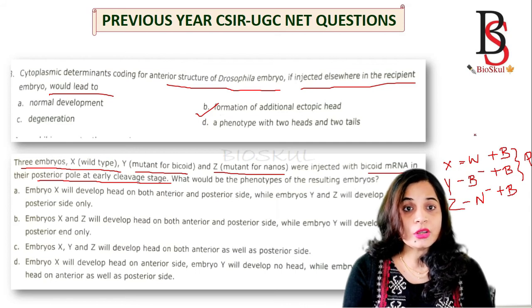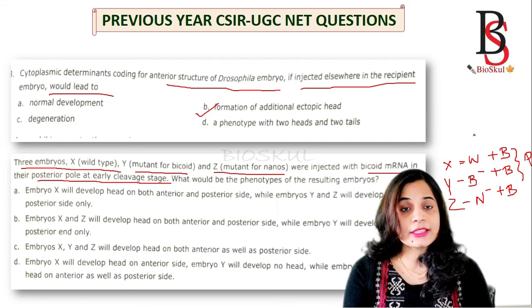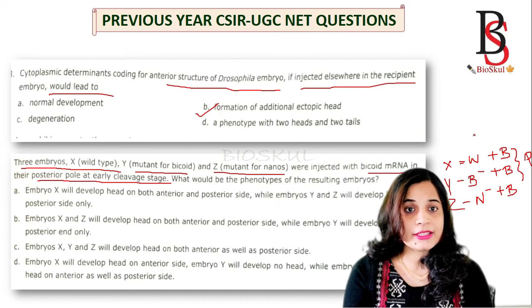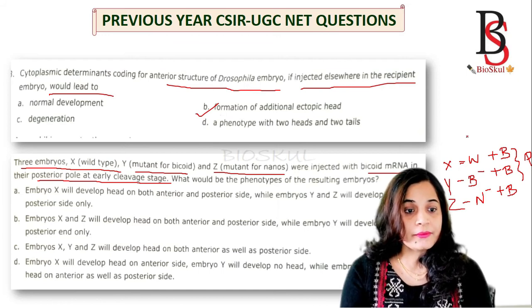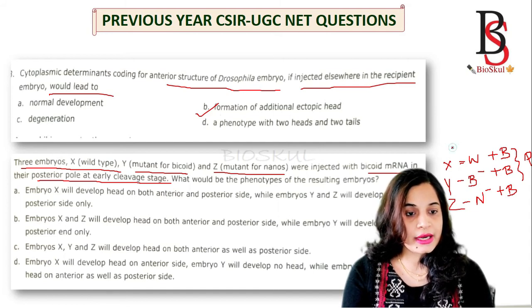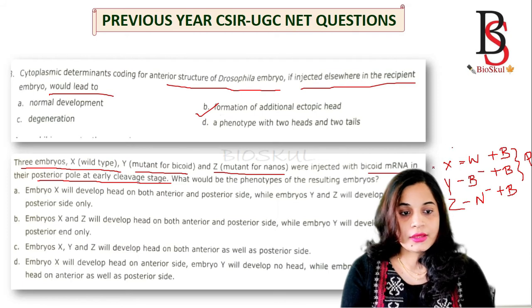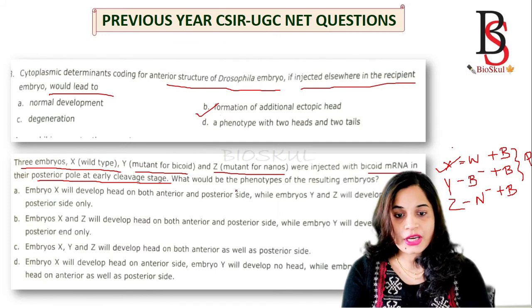It will develop 2 heads. One head will be present at the anterior end, and another head will be present at the posterior end. So X will develop a head both on the anterior and the posterior side of the embryo.